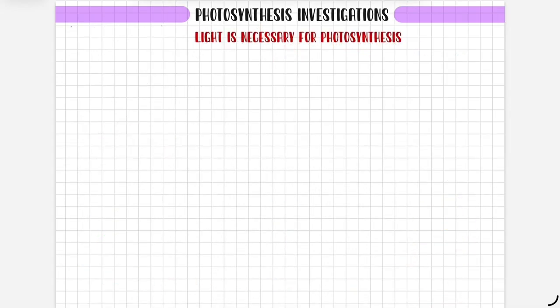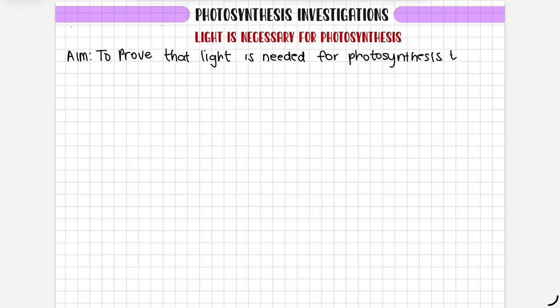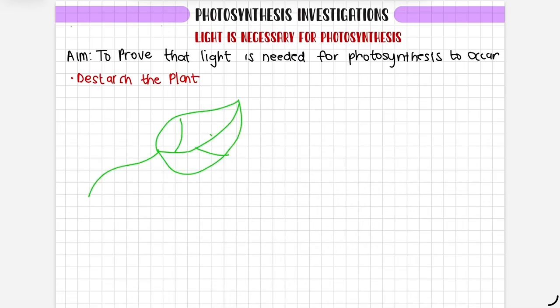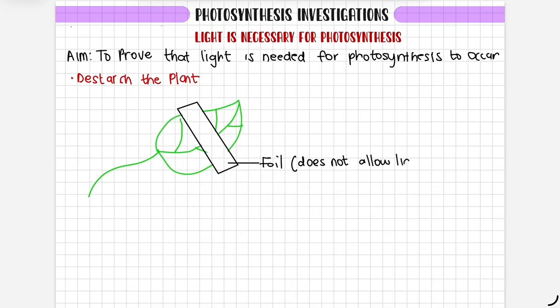Moving along to the investigations, we start with light is necessary for photosynthesis. So our aim here is to prove that light is needed for photosynthesis to take place. You're going to de-starch your potted plant and then you cover it with a piece of foil. We're using foil here because it does not allow light to pass through.